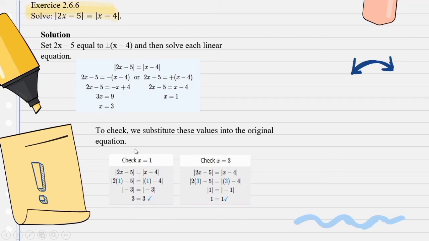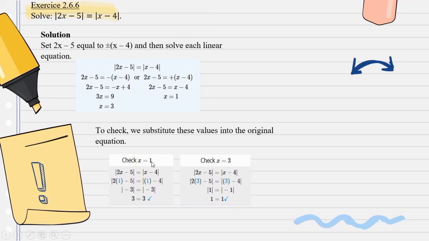To check, substitute these values into the original equation. Check x equals 1. The absolute value of 2x minus 5 equals the absolute value of x minus 4.